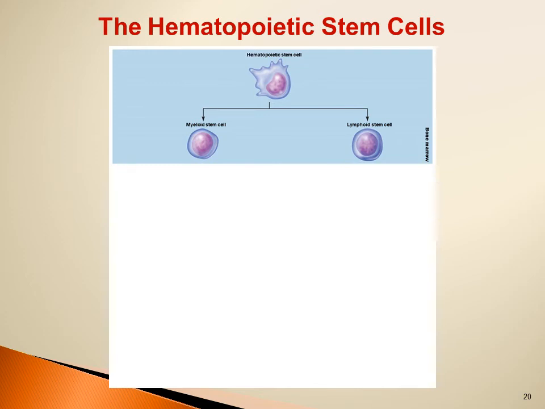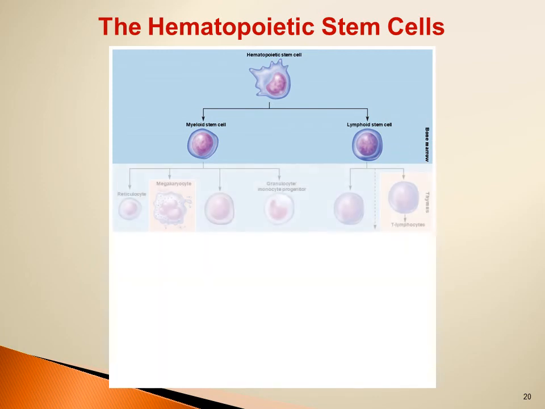As you can see here, the stem cell is called hematopoietic stem cell that is present in the red bone marrow, which is the factory for blood cells. The hematopoietic stem cells divide and can give two lineages: the myeloid stem cell and the lymphoid stem cell. And as you can see, this happens in the red bone marrow.